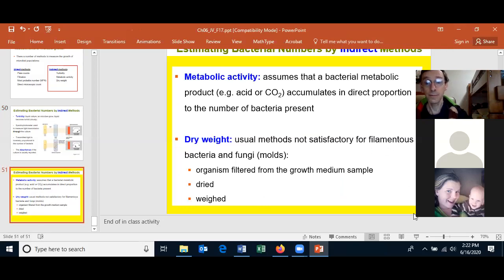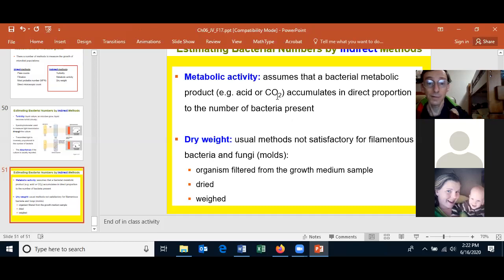The next slide shows you two ways where you can get an estimate of the number of cells by an indirect method. You can measure the metabolic activity of the cells. Like you might measure the amount of CO2 coming off of the cells.